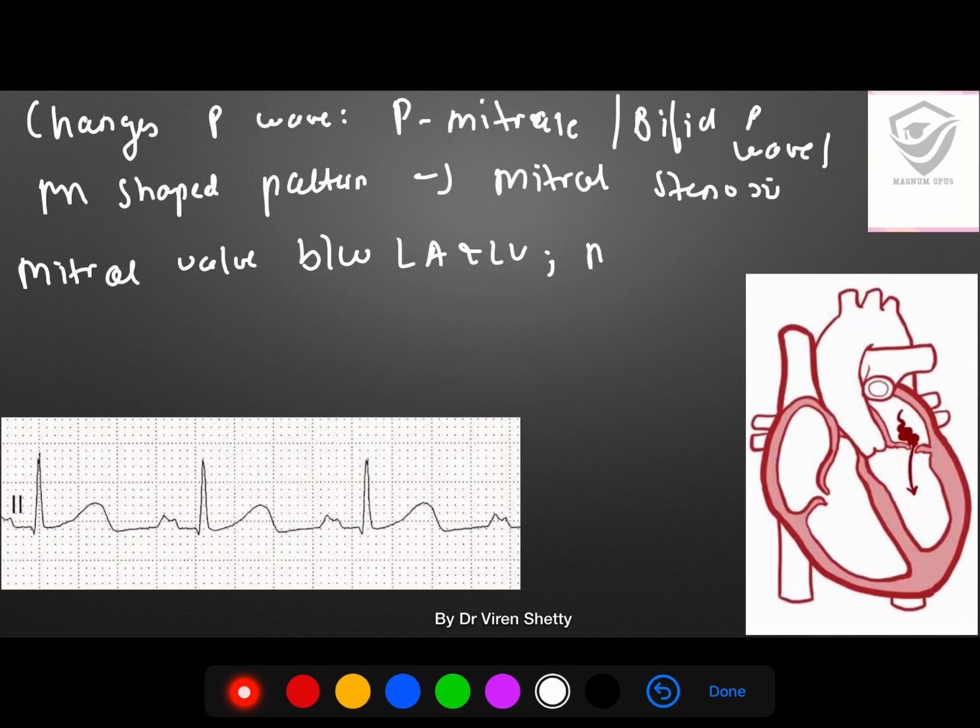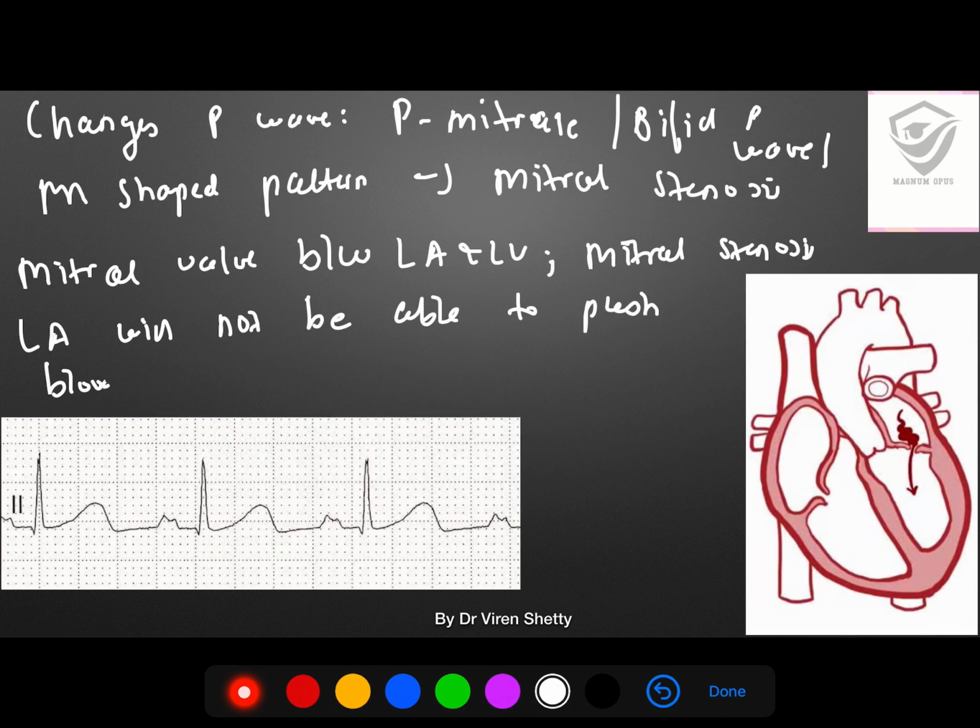In a condition of mitral stenosis, the left atrium will not be able to push blood into the left ventricle, and because the left atrium is not able to push blood into the left ventricle, you will see a left atrial hypertrophy in mitral stenosis.